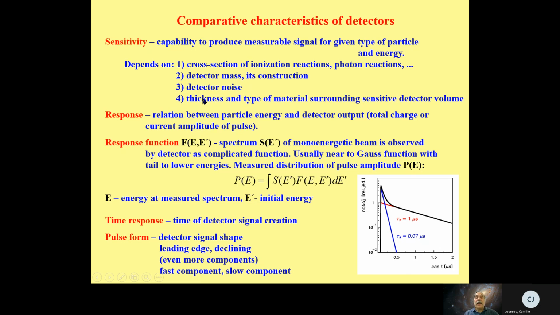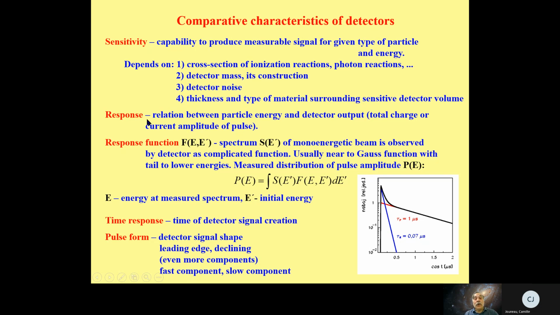And also, if the thickness and material around the sensitive volume of the detector are large, there will be a high level of absorption in this material, and the sensitivity of the detector will be smaller.